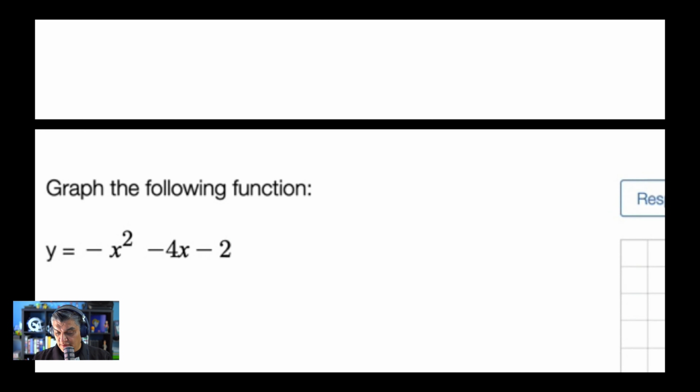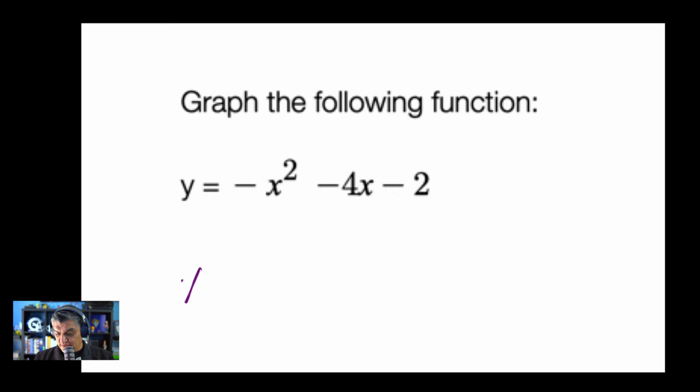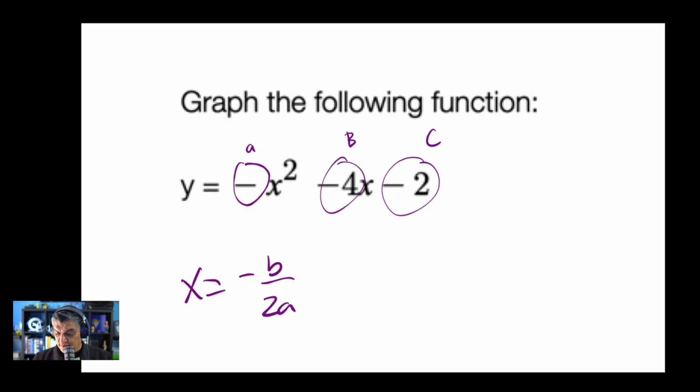So if we want to find the vertex, we need to find the axis of symmetry, and there's a formula. The formula is x equals negative b over 2a. And so this is a, this is b, and this is c. So negative b would be negative 4 over 2 times a, and a is just a negative sign, but it's a negative 1.